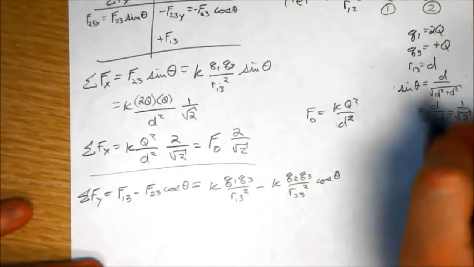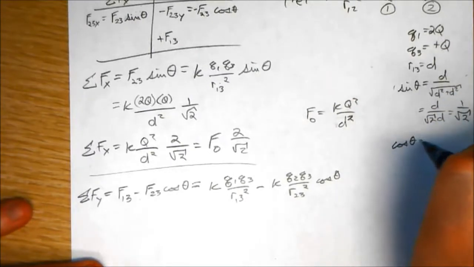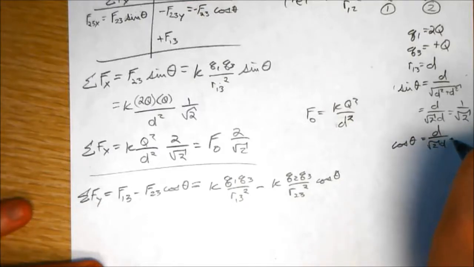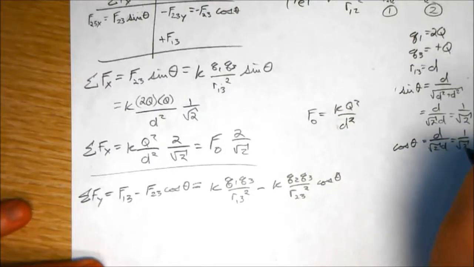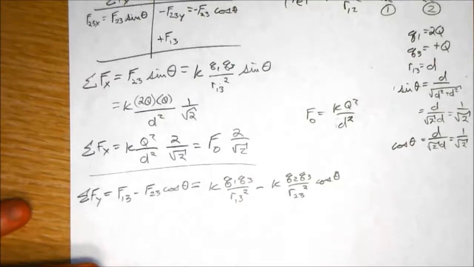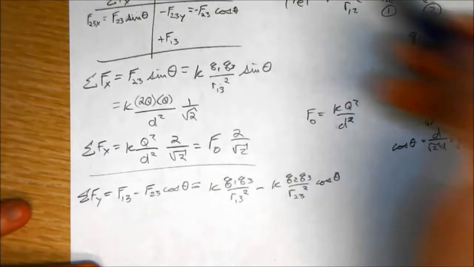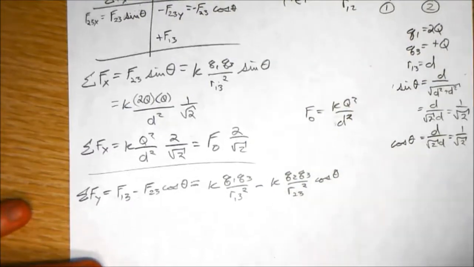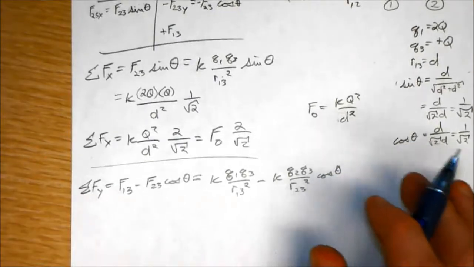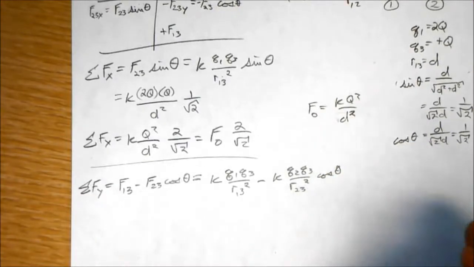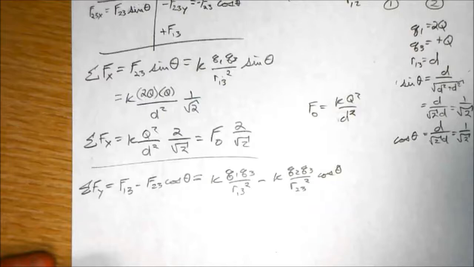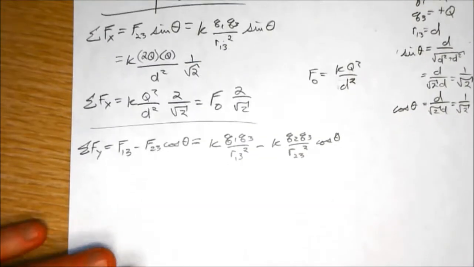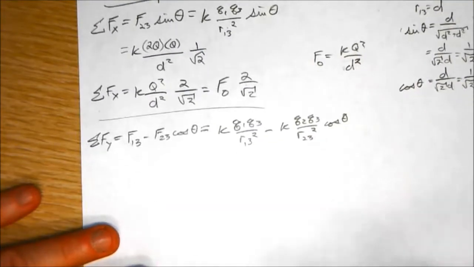Going back over here, cosine of theta is again D over the hypotenuse, root 2D. That is also 1 over square root of 2, which you know because the angle is 45 degrees, so cosine of theta equals sine of theta. You could have made that realization that theta is 45 degrees. That would be fine too.